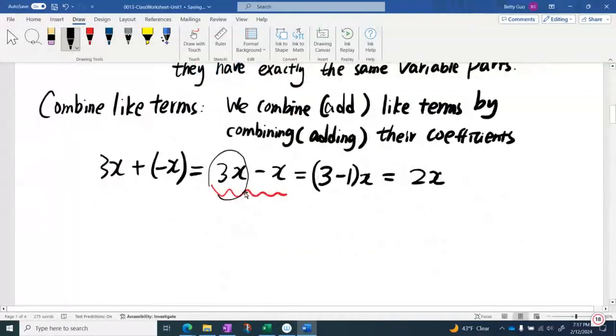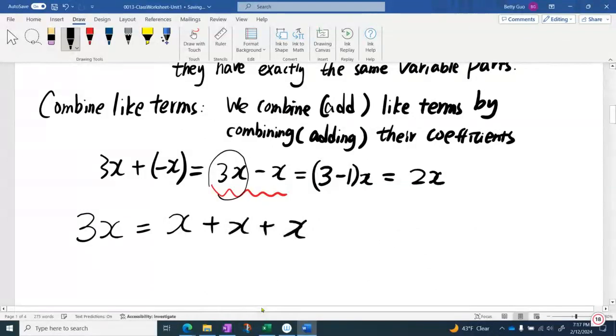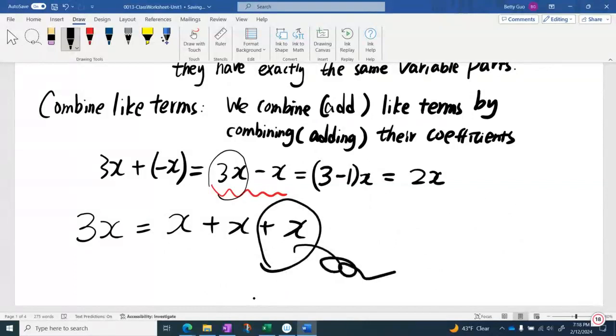3x minus x. How do we understand 3x? 3x is 3 x's added together. And if we remove minus x, if we remove 1x, then we have 2x left.